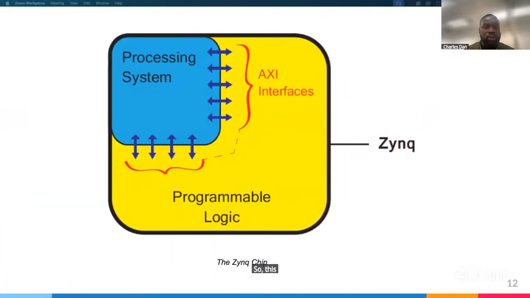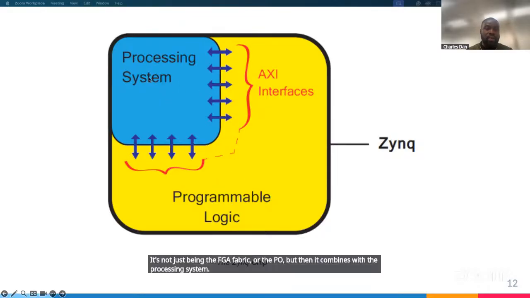This brings us to the actual circuits, or the actual chip. You can't talk about FPGAs without talking about the chip itself. This is the Zynq chip, part of the Xilinx Zynq family. What makes this chip different is that it's not just the FPGA fabric, or the PL, but it combines with the processing system, which is the PS.